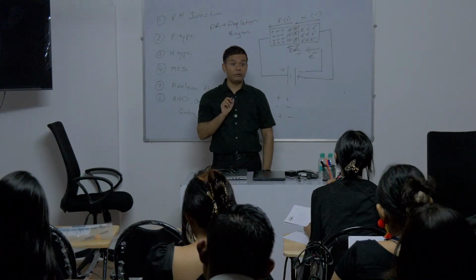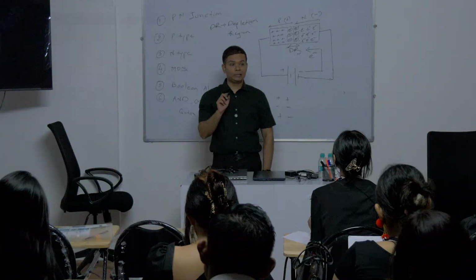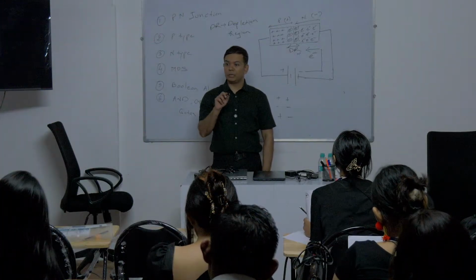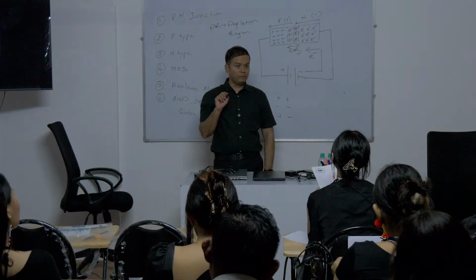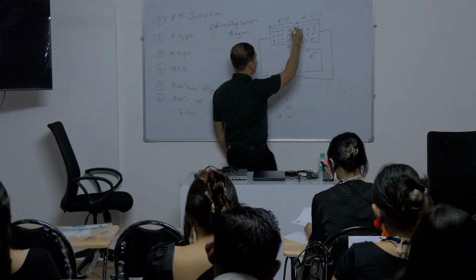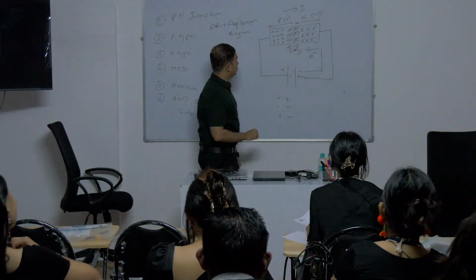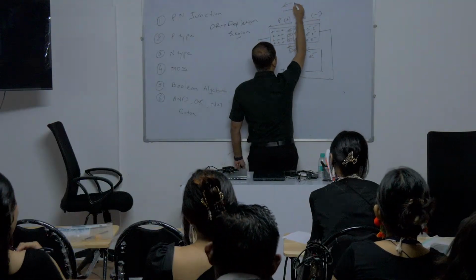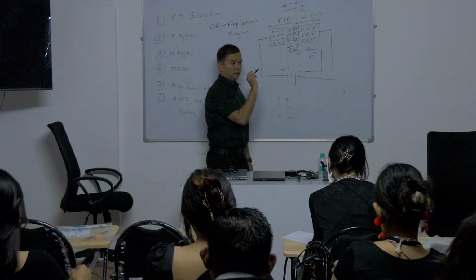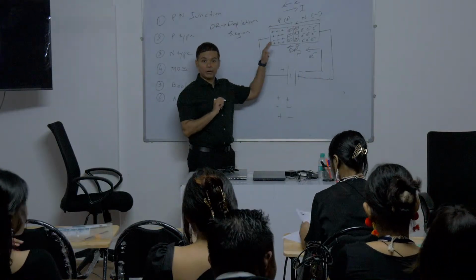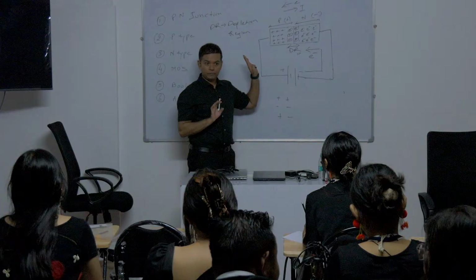Conventional current I will be in which direction? Will it be in the same direction as the electrons, or in the opposite direction? It will be in the opposite direction, right? So the electron is in this direction, but the current is in the opposite direction. Hope it is clear, right?